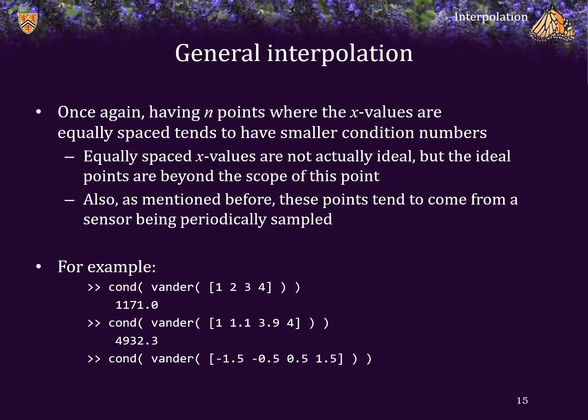Now, if all we do is shift the values over, so equally spaced, but now the x values are -1.5, -0.5, 0.5, and 1.5. So again, we just shifted the values 1, 2, 3, 4 over by -2.5. We now get a condition number that's significantly smaller, 9.